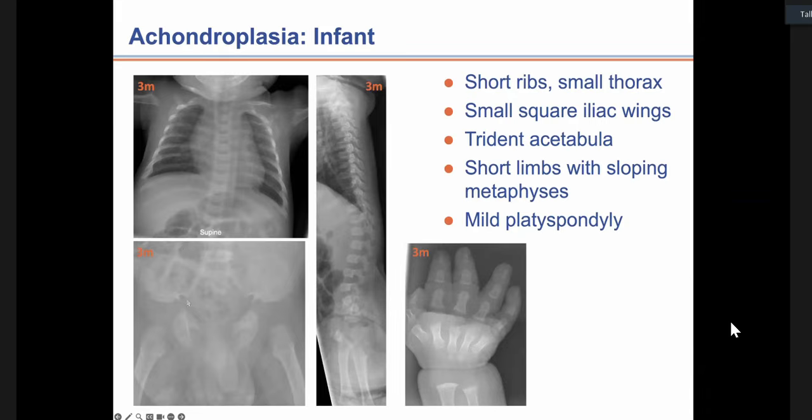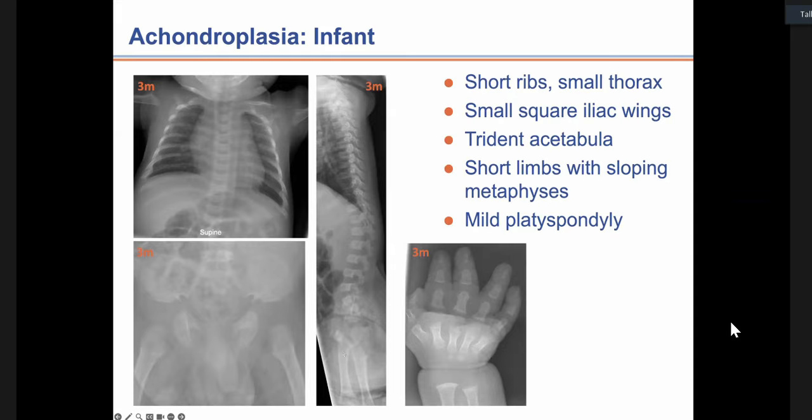Here again, we see the trident acetabulum. This is at a 3-month-old. We see the very short sacrosciatic notch, and we see the ice cream scoop appearance with the horizontal trident acetabulum. Here, bullet-shaped vertebral bodies. Many of us will not have seen bullets, but it's this posterior scalloping, this anterior concavity, and then the trident hand, because the fingers do not oppose.